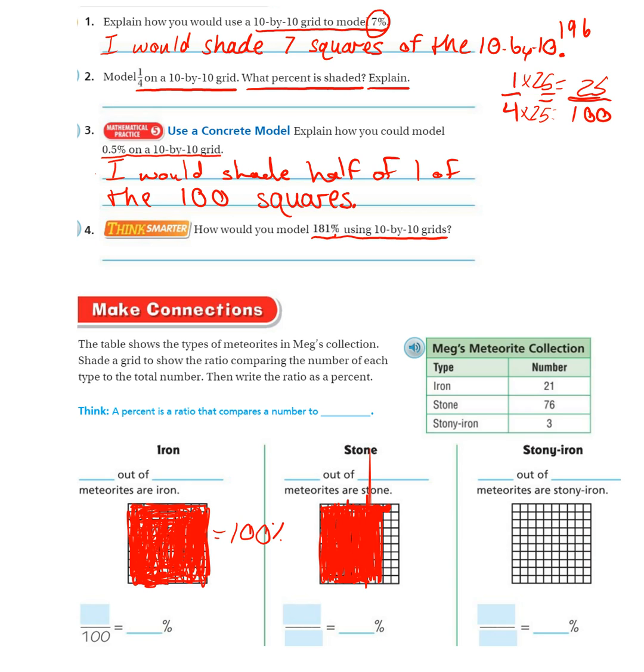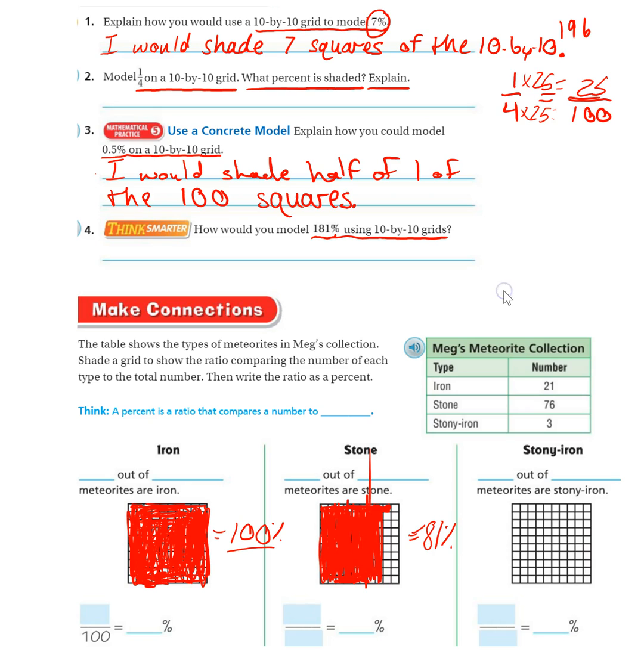So now we have 100, and here we have 81% shaded. So that's how I would have to model 181%. I would actually have to use two 10 by 10 grids.